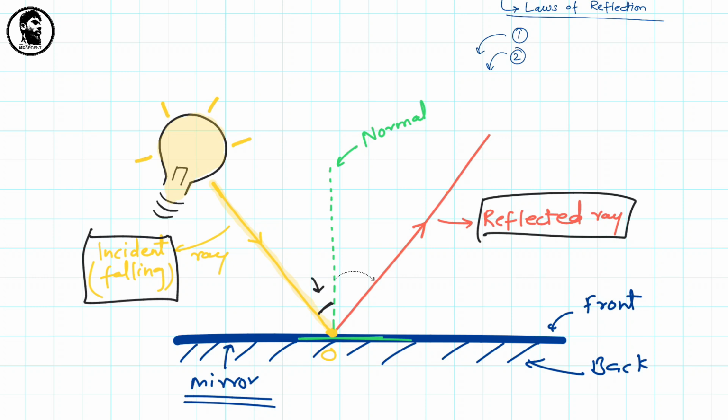These two angles are equal. Consider this angle is 50 degrees. Then this angle will also be 50 degrees. The incident angle is 50 and the reflected angle is also 50.